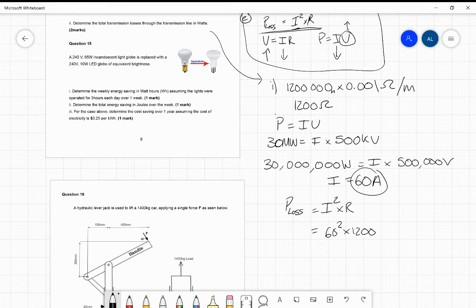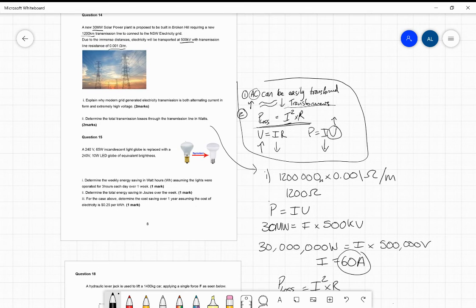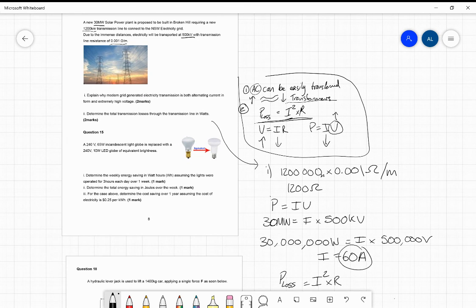And therefore we get 4,320,000 watts, or 4.32 megawatts.